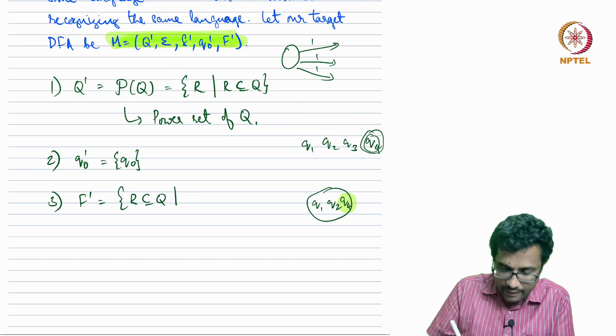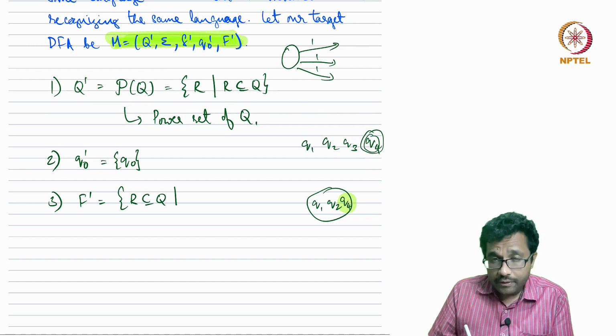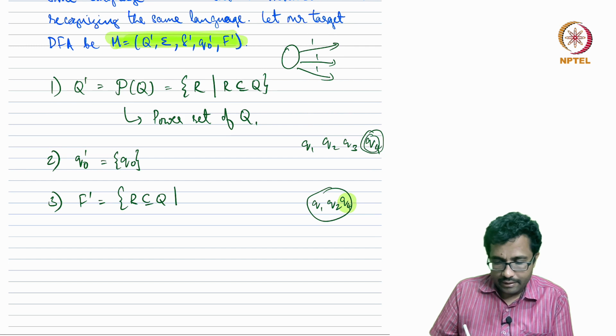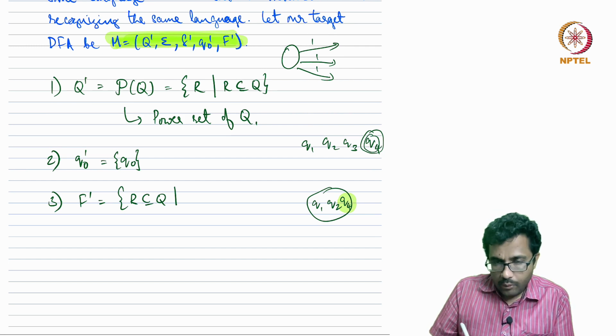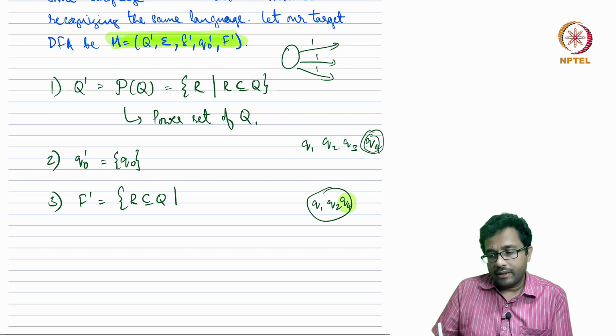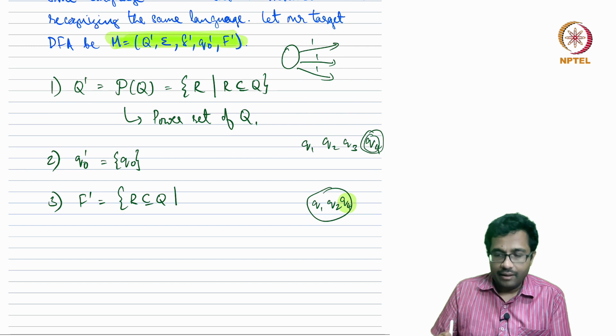Now, is this an accepting state? Let's say R is Q1, Q2, Q4. Is it an accepting state? Yes, because it contains an accepting state of the NFA.